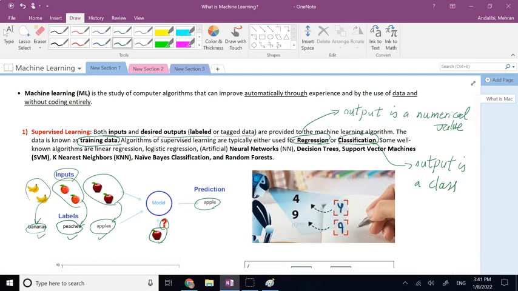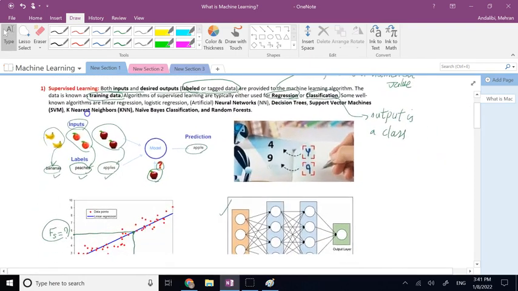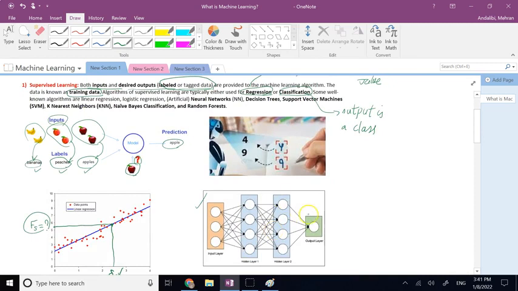What's the hard part about supervised learning? The hard part is this part, labeled or tagged data. It's not always easy to get a lot of labeled or tagged data. Let's say you want to create a model for this classification problem, that if I give you pictures of bananas or apples or peaches, you tell me which category it is.